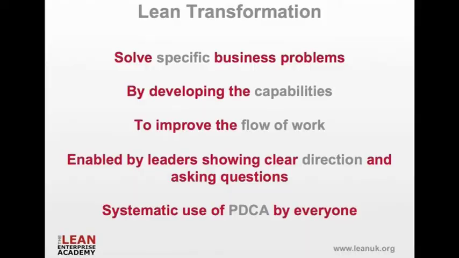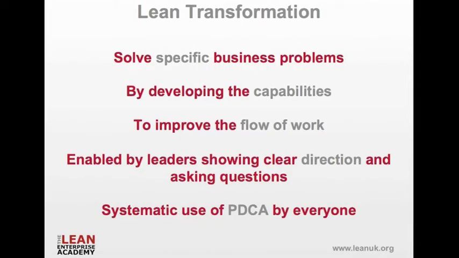And this is the latest articulation of the transformation model that we have been discussing, several of us around the globe, with John Shook, that tries to capture the essence of a lean transformation program. It is about solving specific problems in their context.